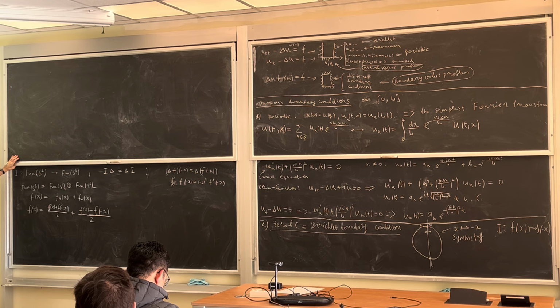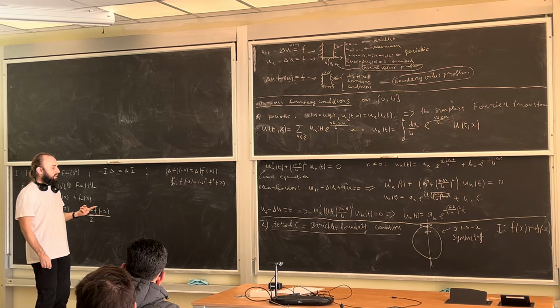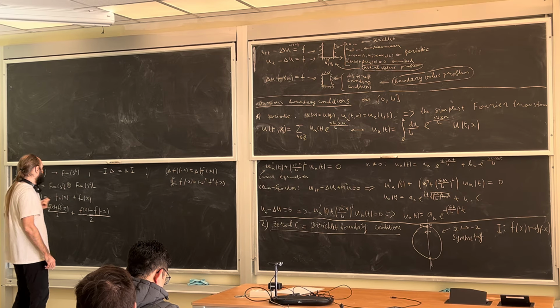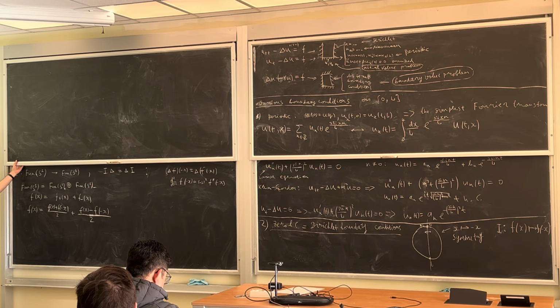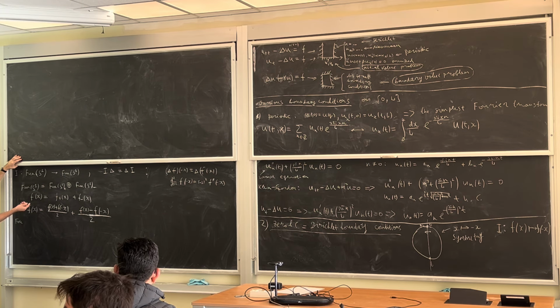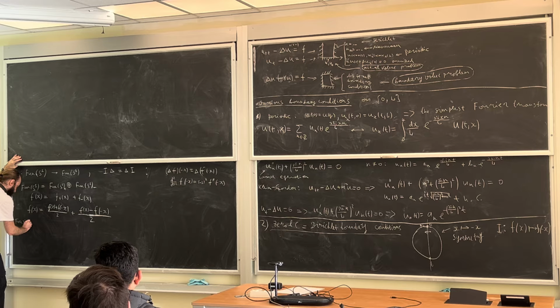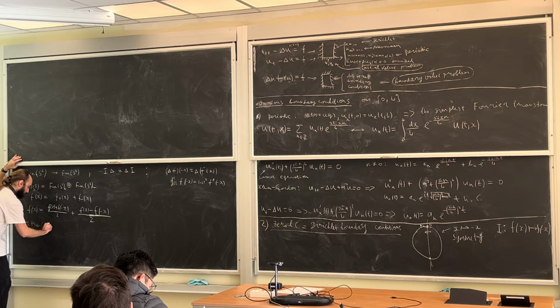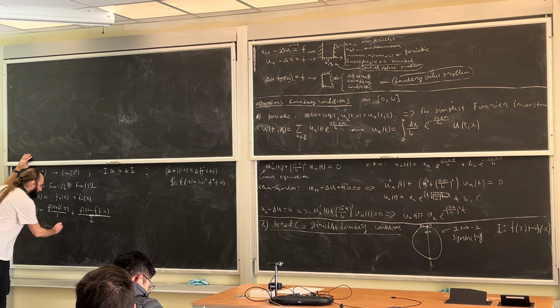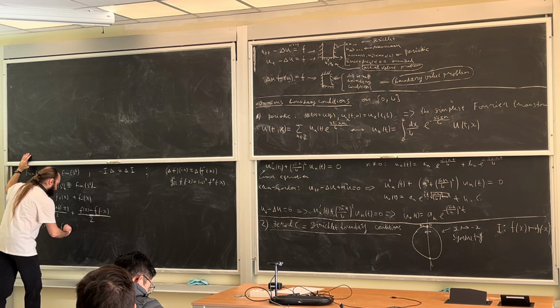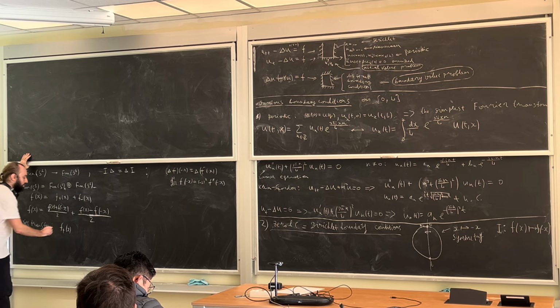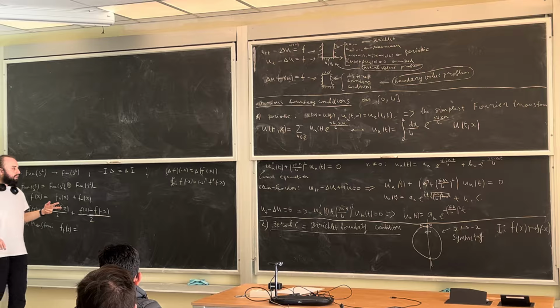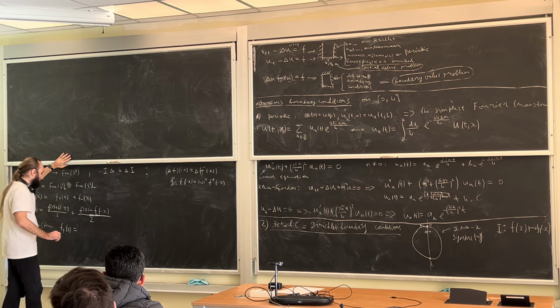Or saying in a little bit different way, if we apply this Fourier transform for the even function, we will have only cosine combinations of coefficients.